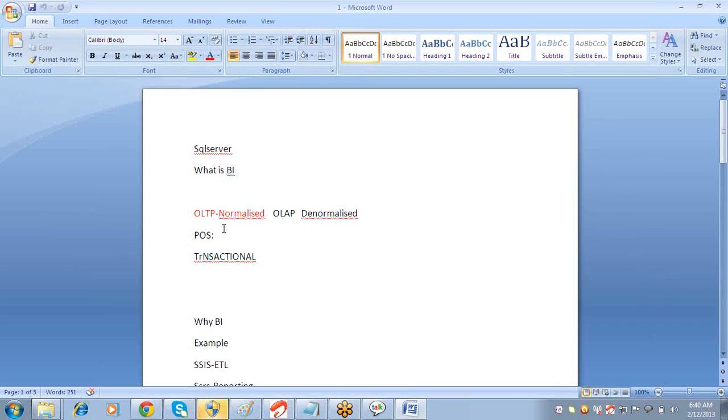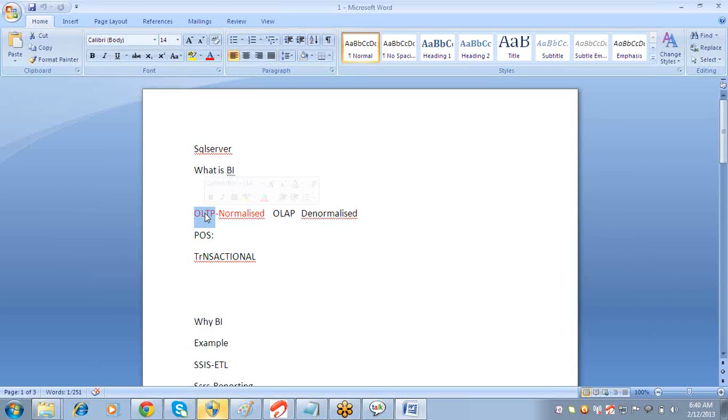Simply you'll enter a small code there. So that's how the entering, updations, and deletions become easy. So it will be faster. So OLTP systems are mostly preferred for transactional processing.